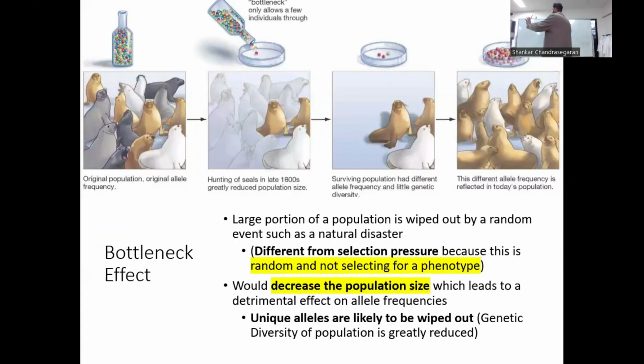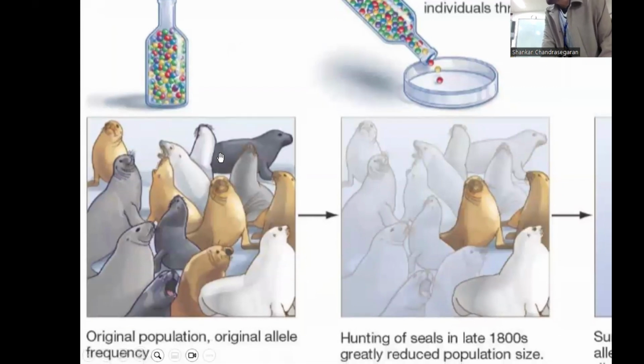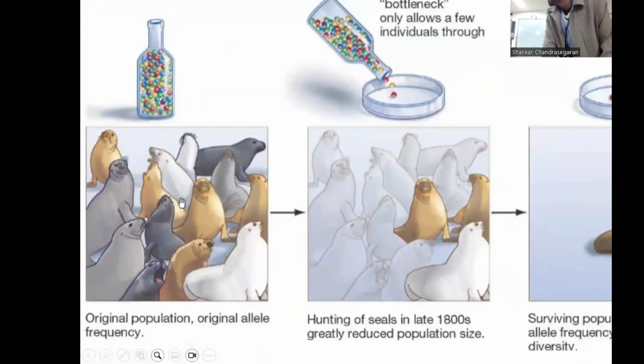Okay, so let's look at this. Right, the bottleneck. A large portion of the population is wiped out by a random event such as a natural disaster or even hunters. So let's look at this example up here. We start off with a population of seals that has a lot of genetic diversity, right?